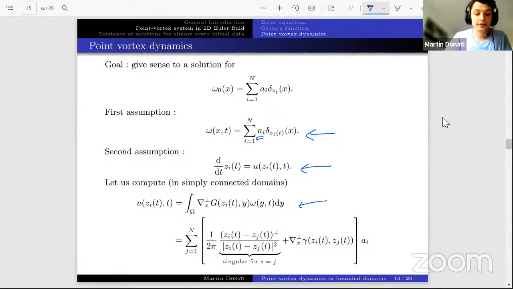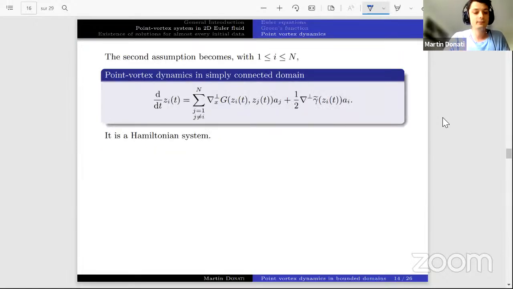But here we have a problem, because this term, which is of the form x perp over |x|², is actually singular when x equals 0. So we have a singularity at i equals j here. How do we deal with that? Well, since we have this perp, and this term is in some way of mean 0 around 0, we choose to simply remove it. We say this term must be 0.